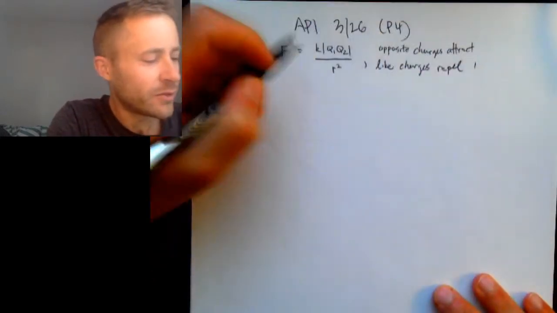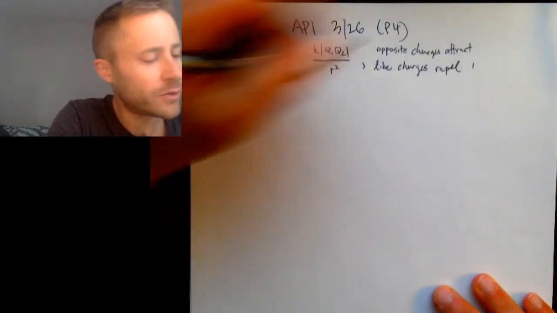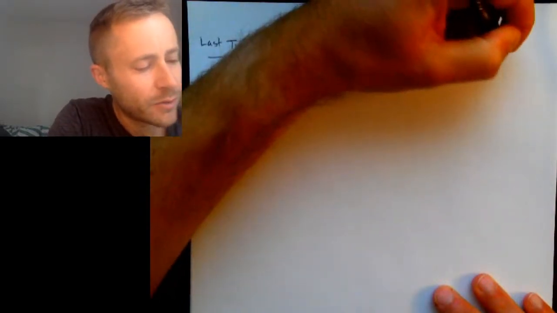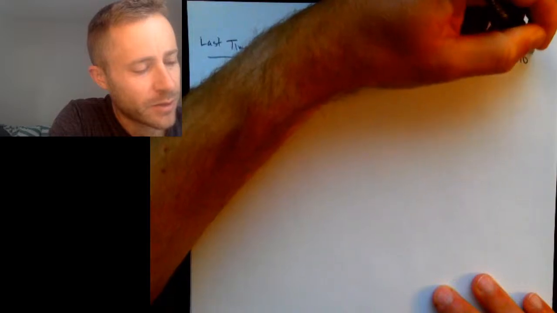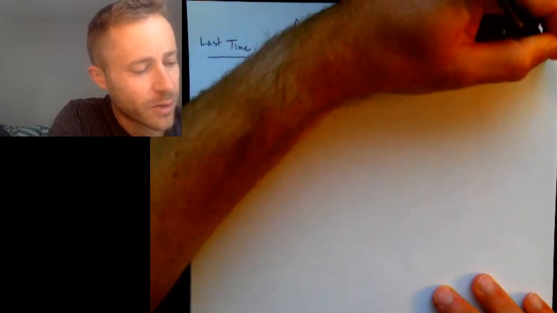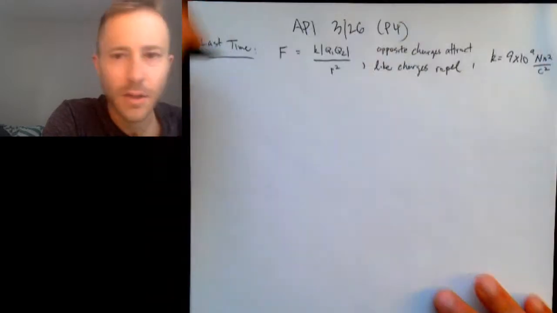And this constant K is called the Coulomb constant, and its value is 9 times 10 to the 9th Newton meter squared per Coulomb squared.